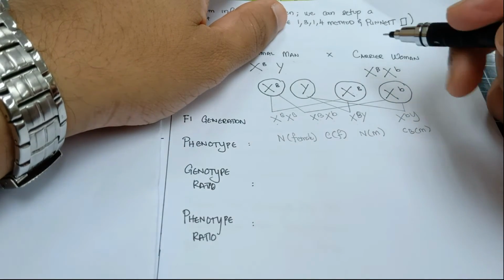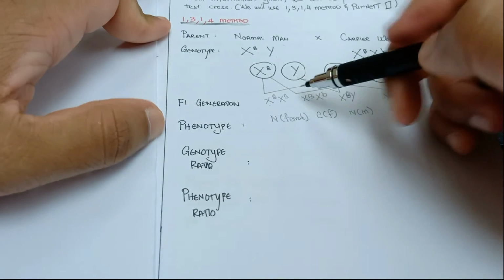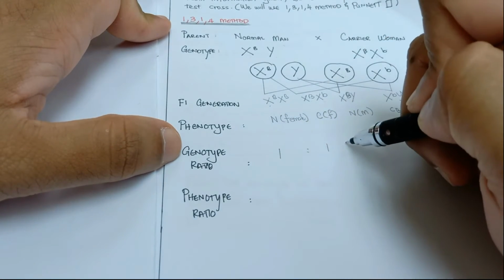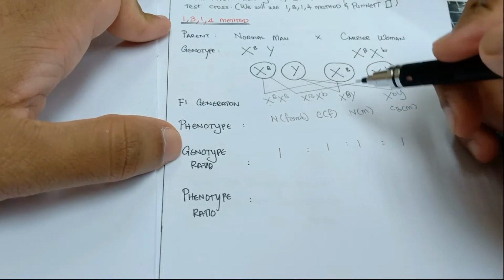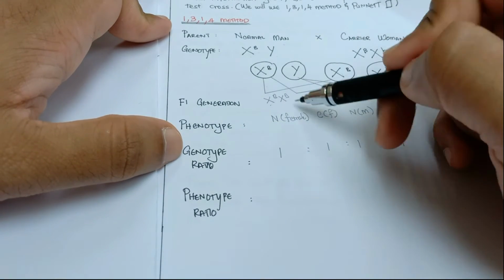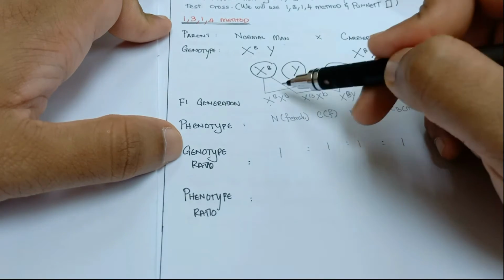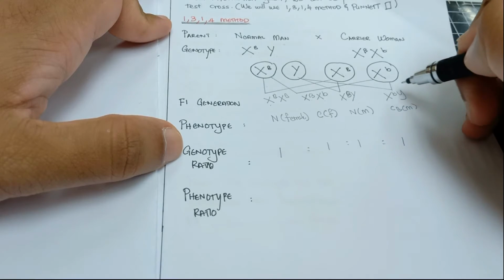Now let's look at the genotype ratio. The genotype ratio here is 1 to 1 to 1 to 1. The reason is because the genotypes here are 4 distinct genotypes. You have normal female, carrier female, normal male and colorblind male.